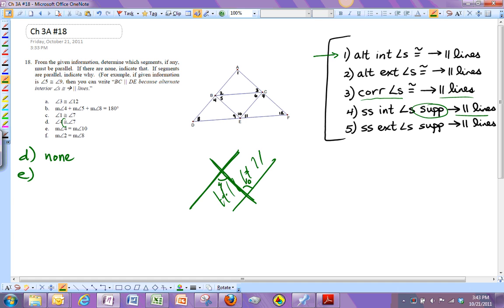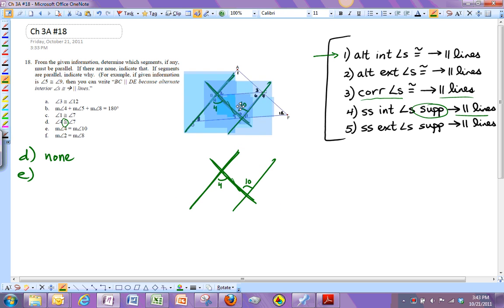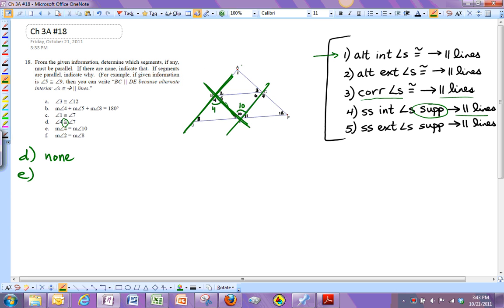We know that they're congruent. So let's put this back. That's going to be lines AD here and CE. And my reason is because alternate interior angles that are congruent give me parallel lines.